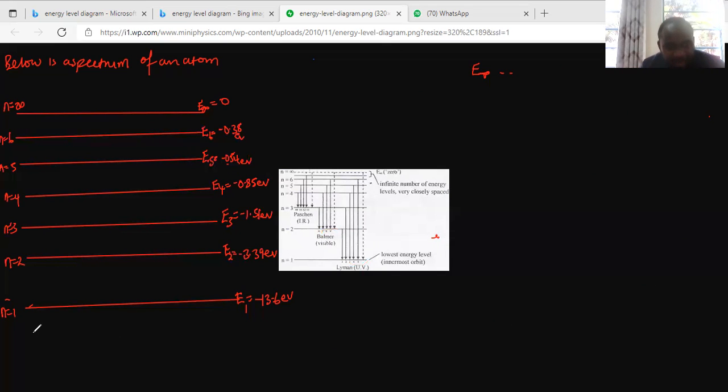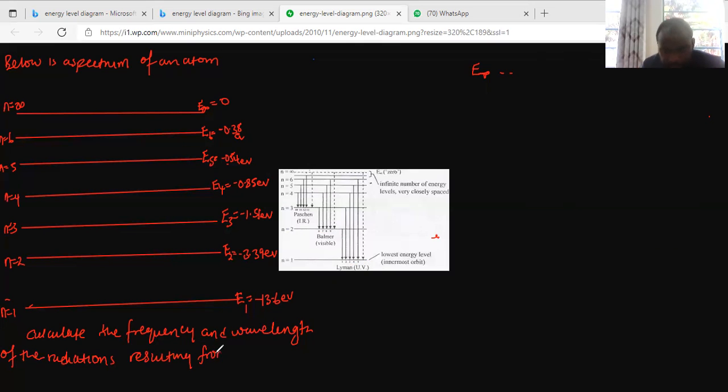So the question says calculate the frequency and wavelength of the radiations resulting from the following transitions.